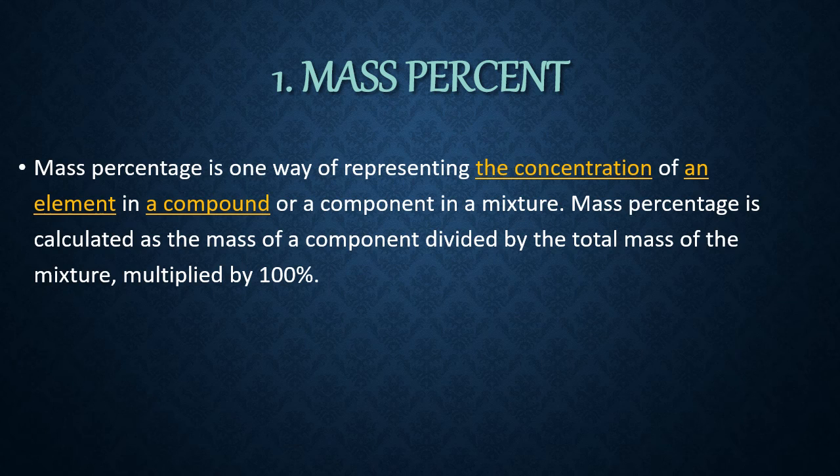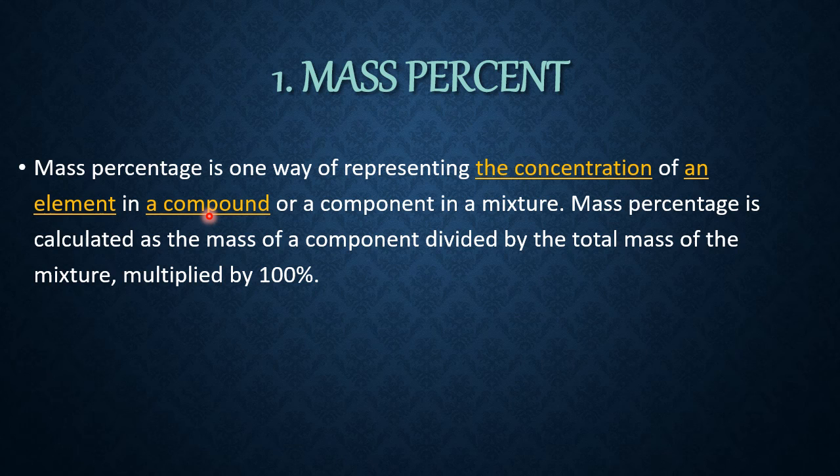Mass percentage is one way of representing the concentration of an element in a compound or a component in a mixture. Please hear, mass percentage is one way of representing the concentration of what? The concentration of an element in a compound. How much oxygen is there in water? How much carbon is there in methane?